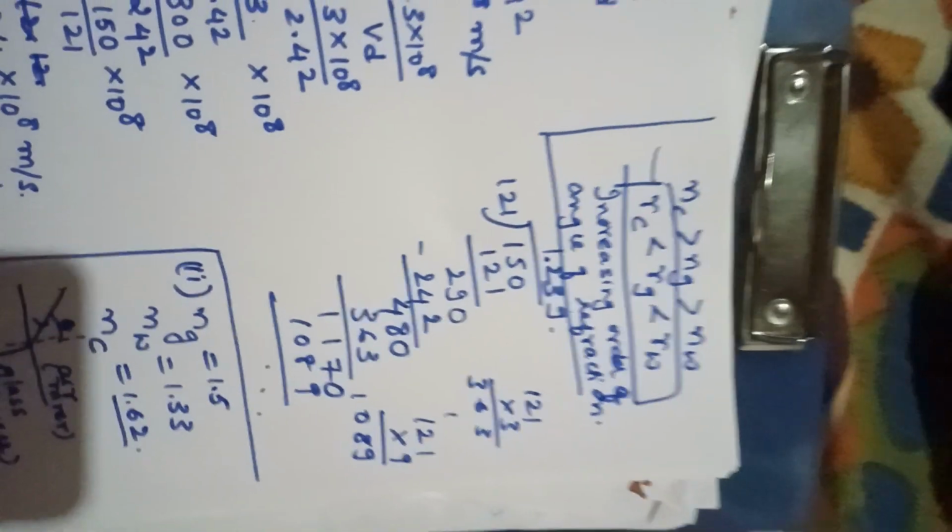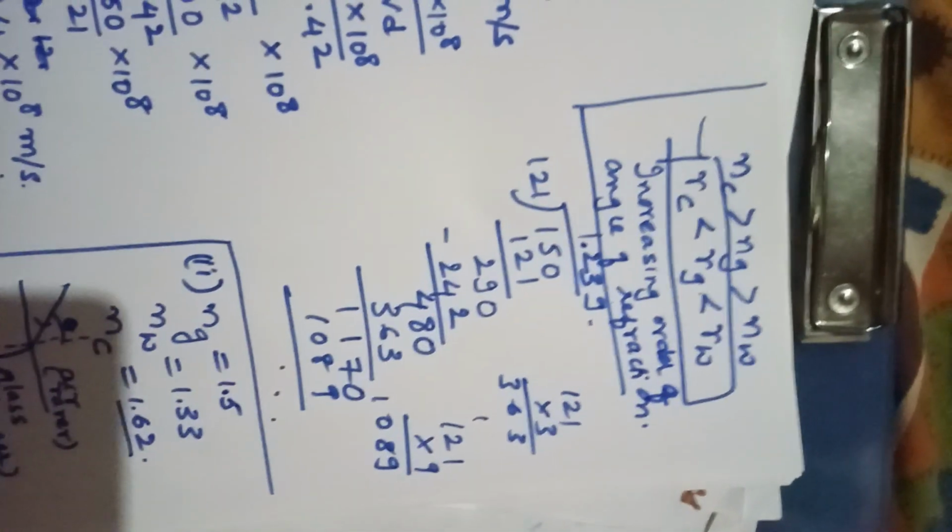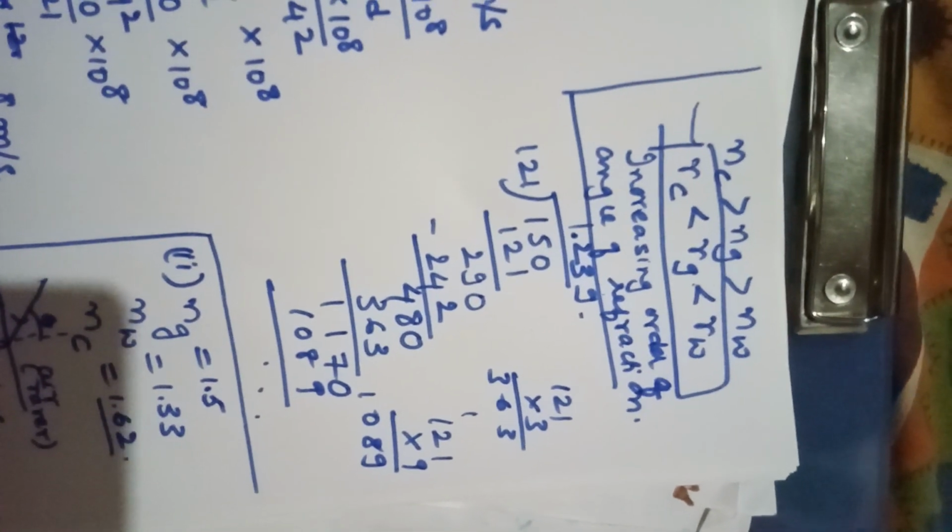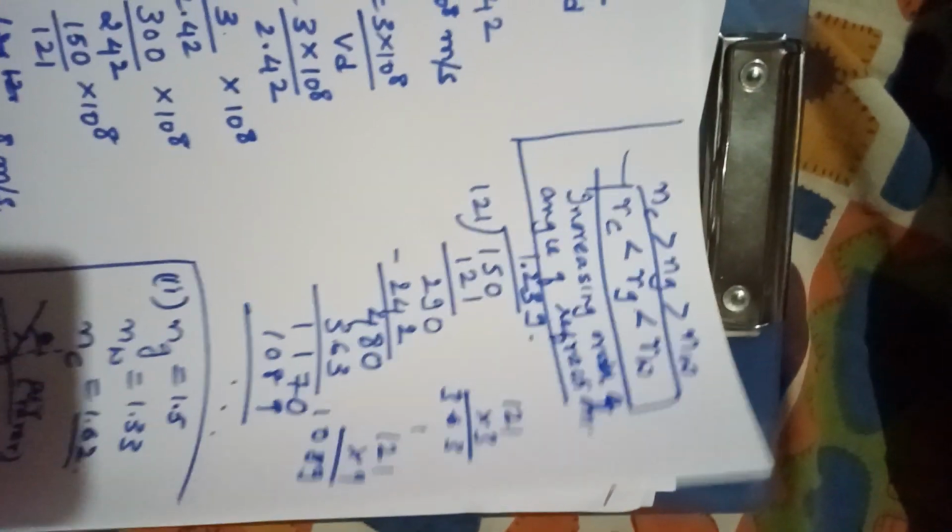So what is another way of doing this? I said there are two ways of writing this increasing order. So what is another way? So we are still in second sub question, wherein we need to arrange the angle of refraction in the increasing order.